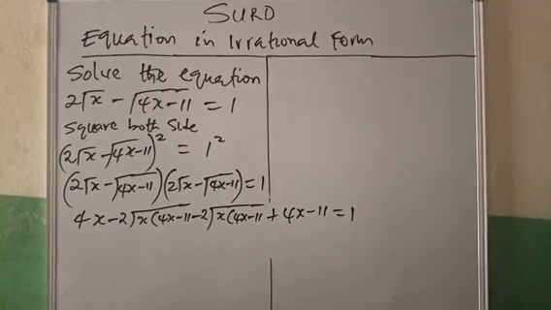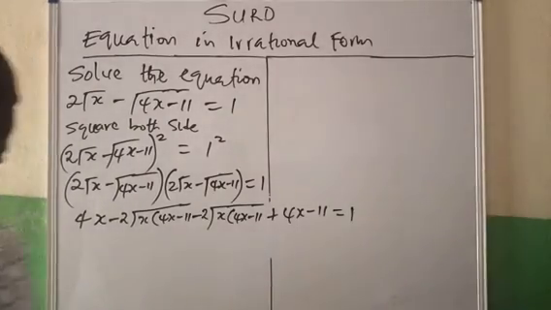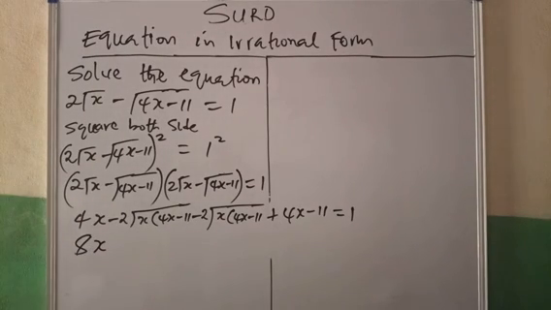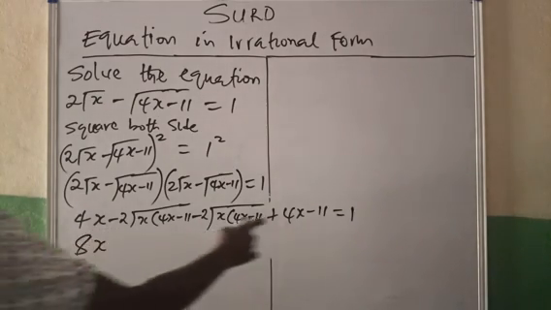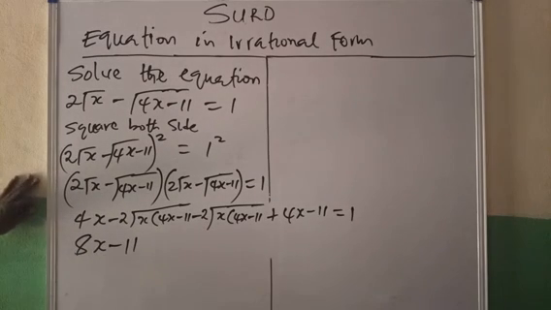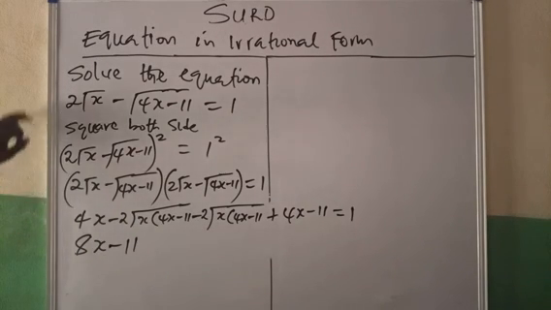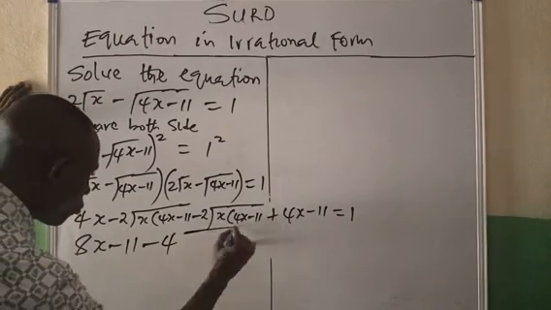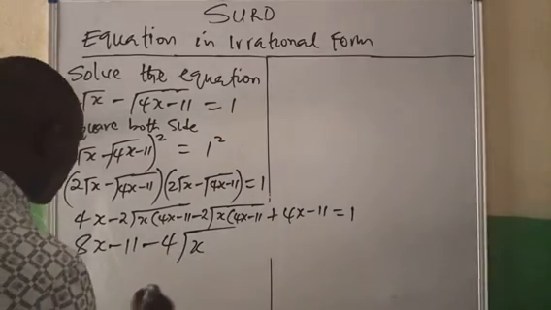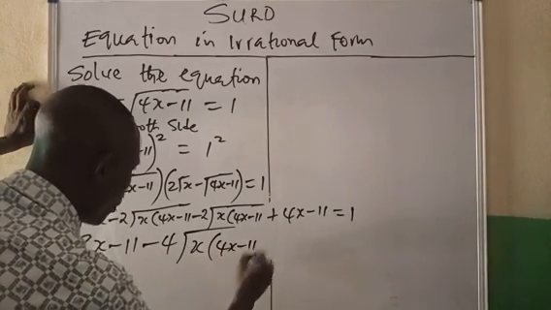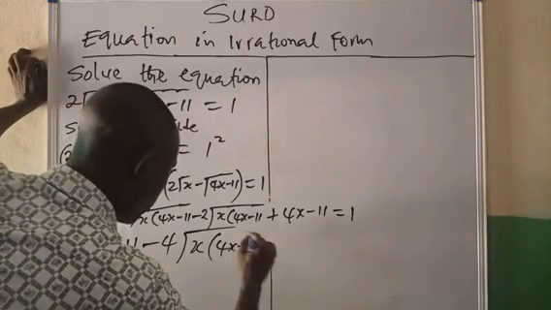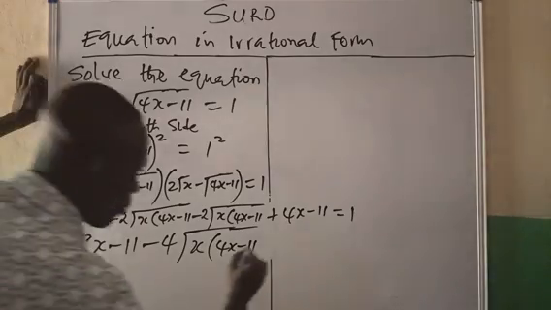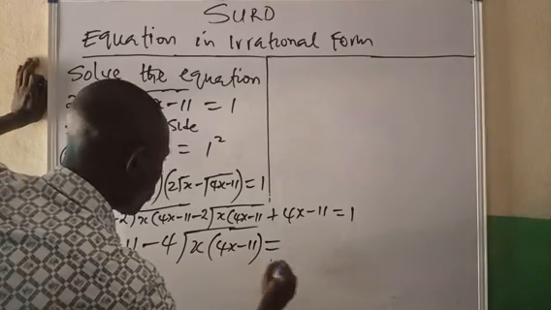So if we go further, 4s plus 4s is 8s. Then you have minus 11, minus, look at this, minus this is what? 4 root s into bracket 4s minus 11 will be equal to 1.